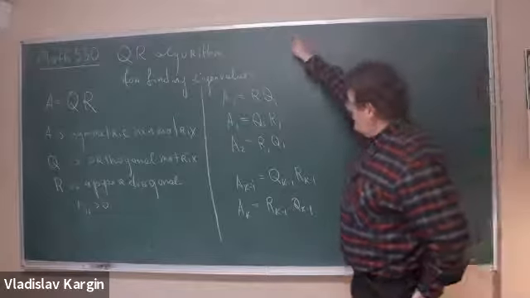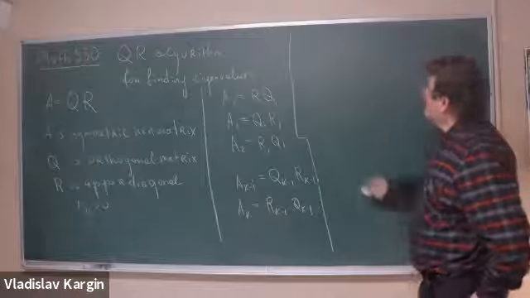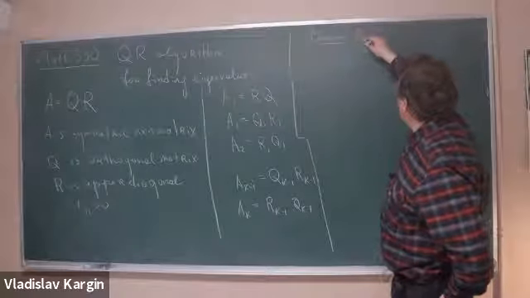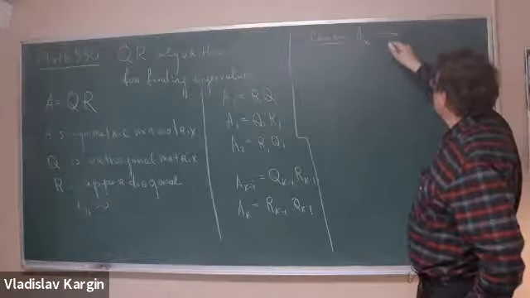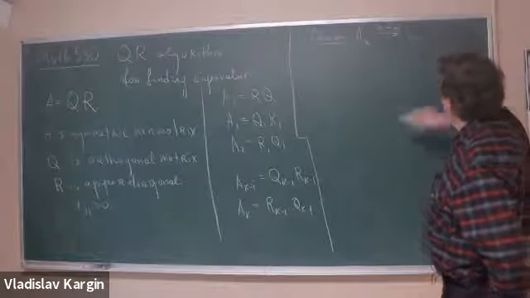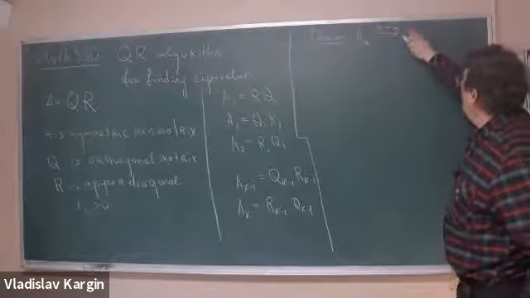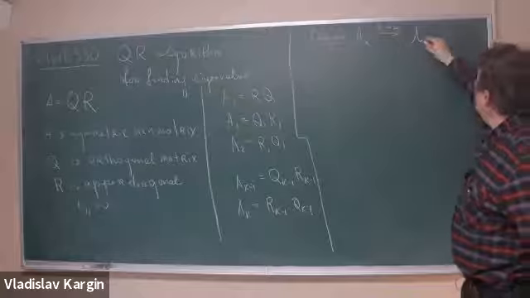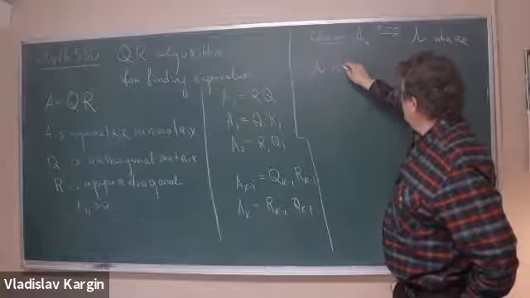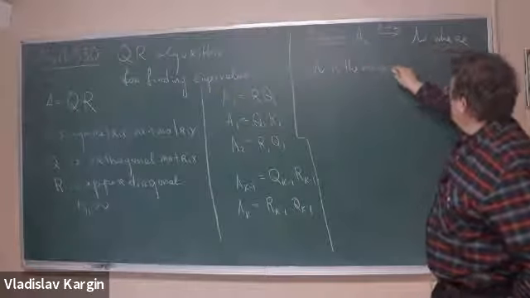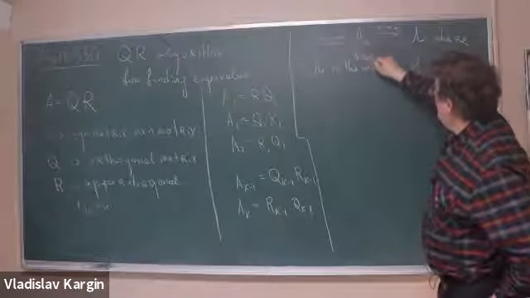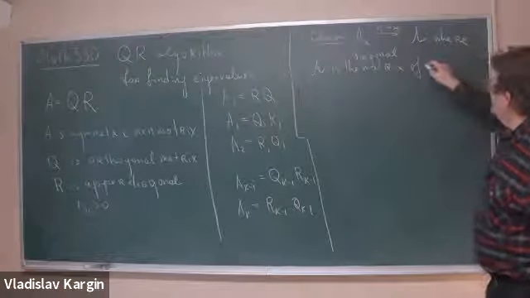Okay, so now the claim is that A K converges, when k goes to infinity, to lambda, where lambda is the diagonal matrix of eigenvalues.